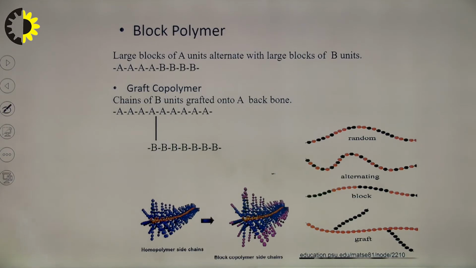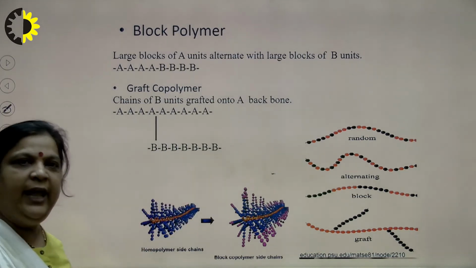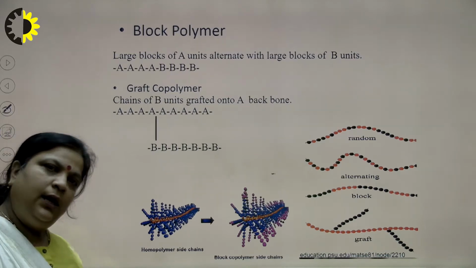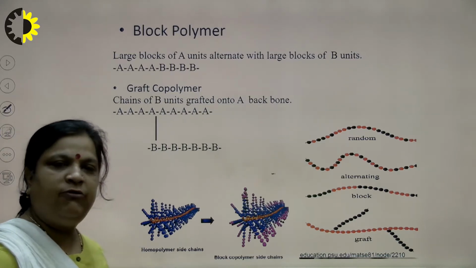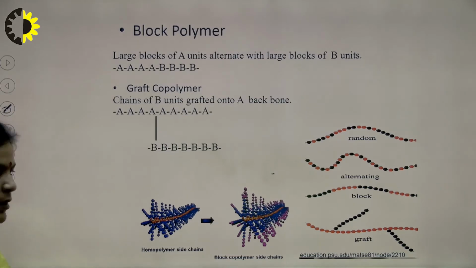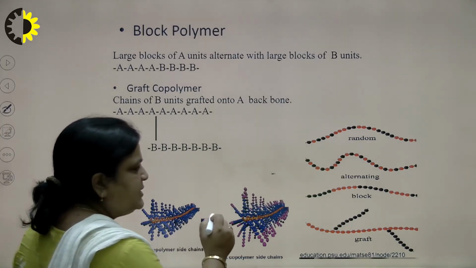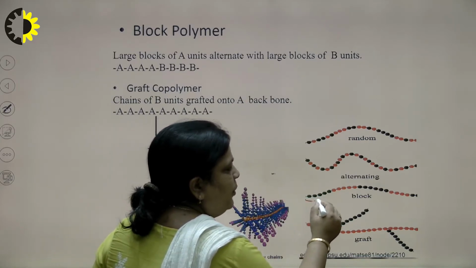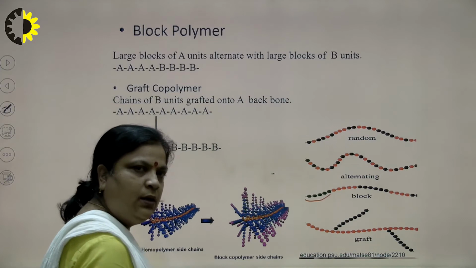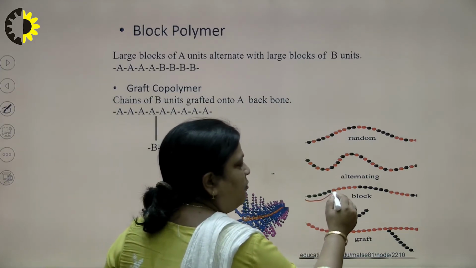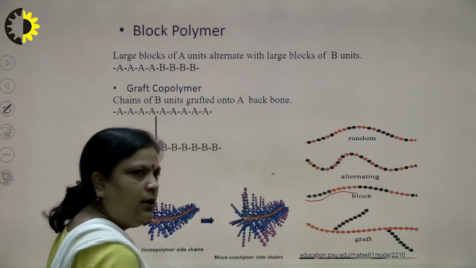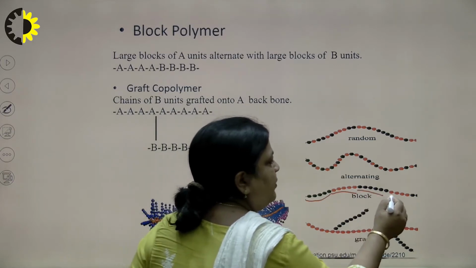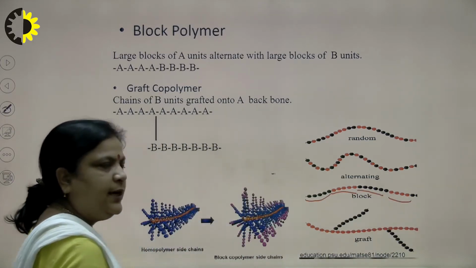block copolymer. Here large blocks of A units and then large blocks of B units are combined. For example, in this we see a block of one type of monomer, then a block of another type of monomer, and then again the first type and then the second type.